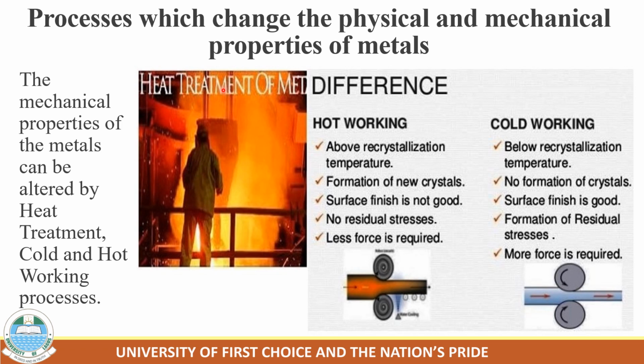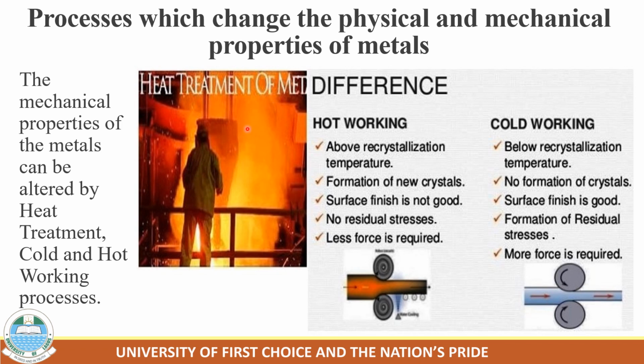In order to make the material balanced, either in a hard form or in a soft form, you subject that material to normalizing. So the microstructure will flow together and be in one part, either hardened or softened. The material will be normalized.